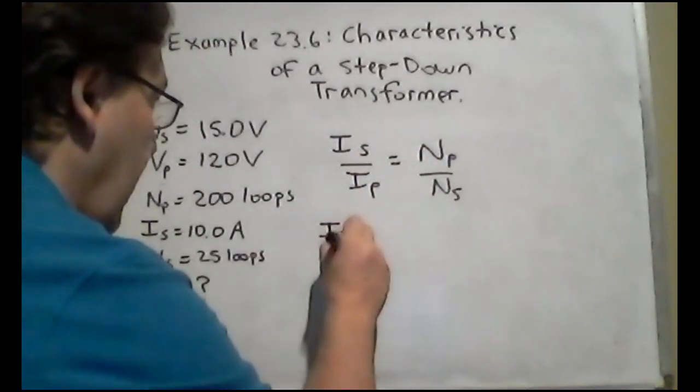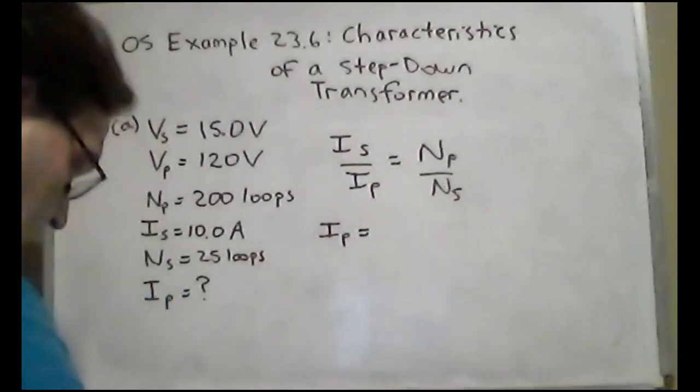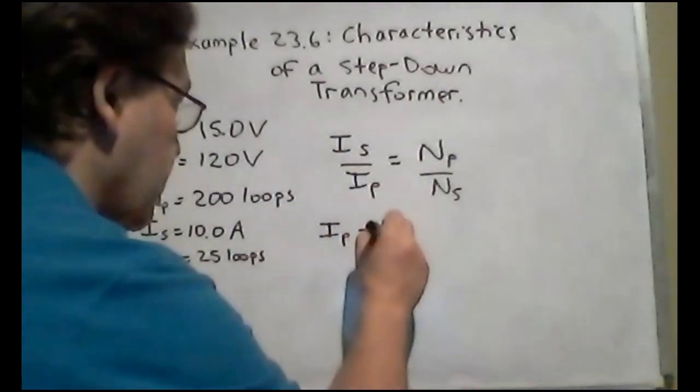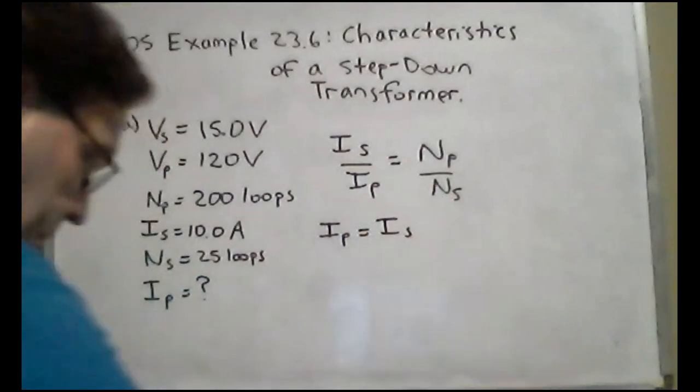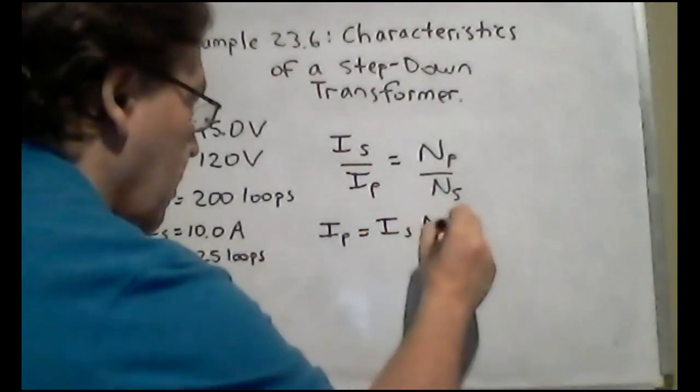We simply get that I sub P becomes I sub S multiplied by N sub S over N sub P.